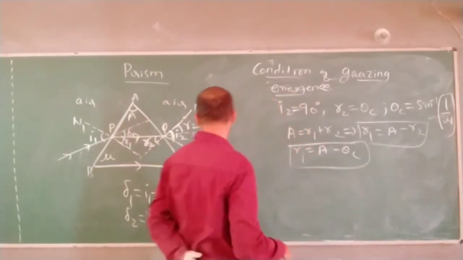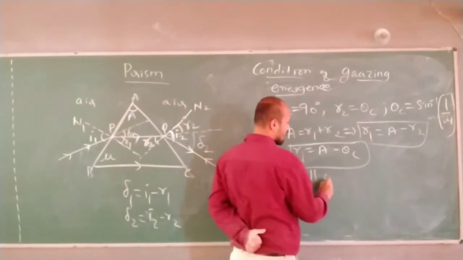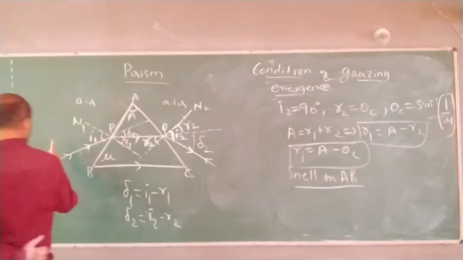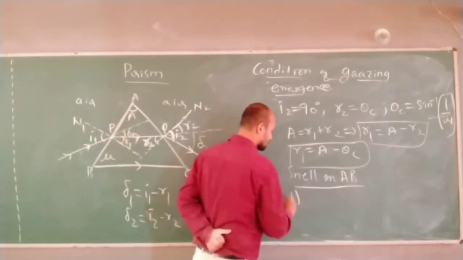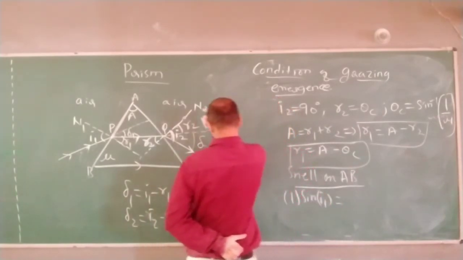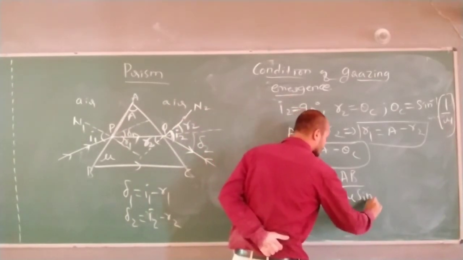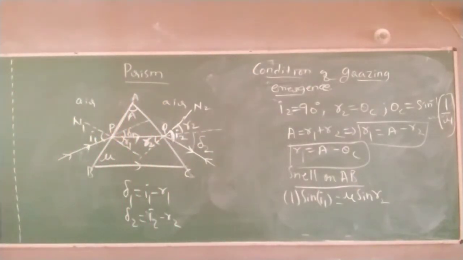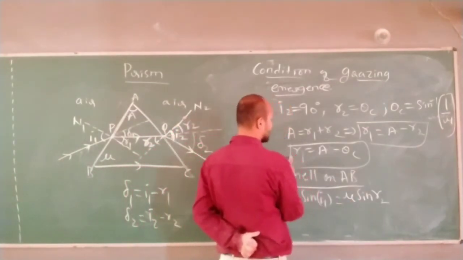Correct? Apply Snell's law on surface AB: 1 into sin I1 is equal to mu into sin R1.